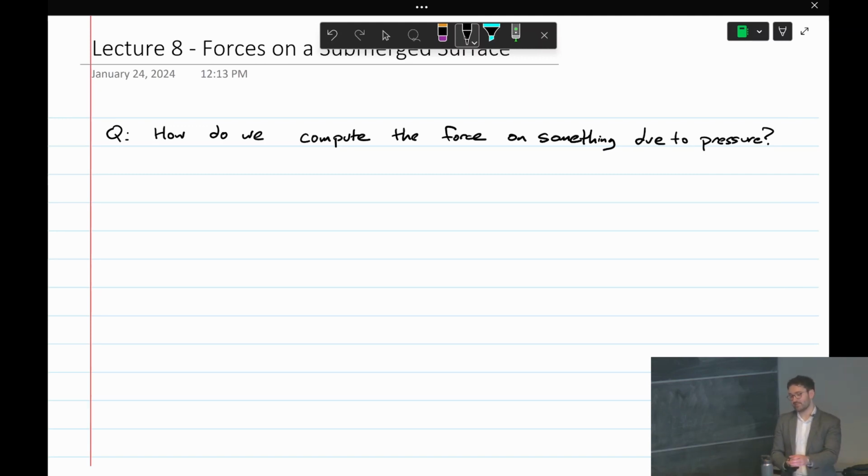So something here is just some sort of general object, surface, body, whatever you want to call it. So I'm going to just briefly recall a very important property of pressure, and that's the pressure force at a surface. Recall the pressure force is always normal to a surface.